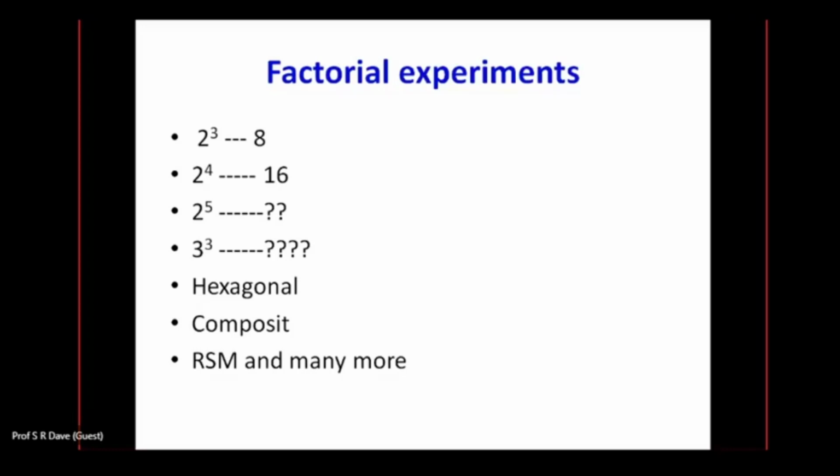If you go to any computer and write that you want to study 3 factors at 4 levels or 4 factors at 3 levels, immediately it will give you the partial design. The computer will select so that you need not go for all the factor combinations. It will give you around 20 or 25 experiments, depending upon the design you select.